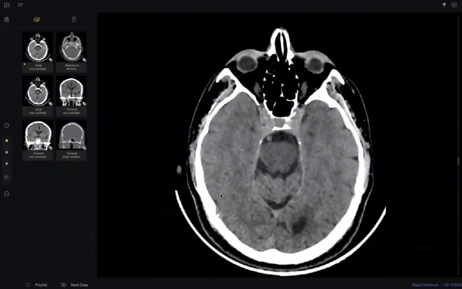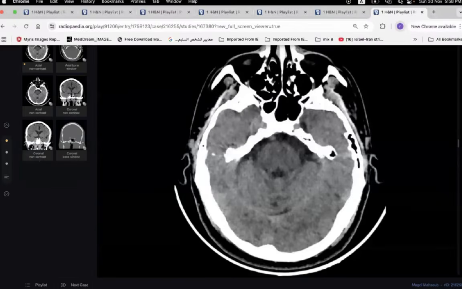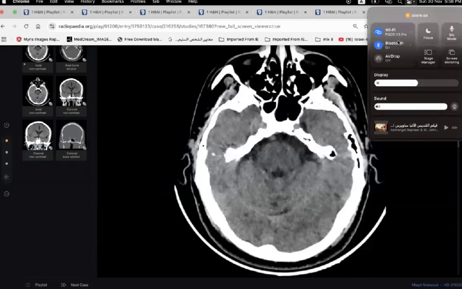Go down and up around the area of concern to pick up more and more findings. Leave the mouse, doctor, please.